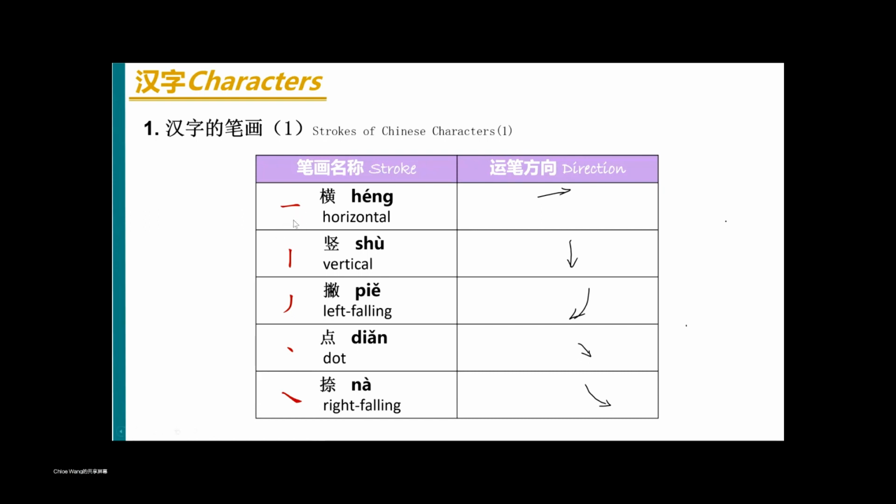And the names of them are 横、竖、撇、点、捺. And here, I need you to remember the Chinese names. You can remember them with pinyin, but we don't need to remember them by English names, because in the English language, these strokes don't exist, right?